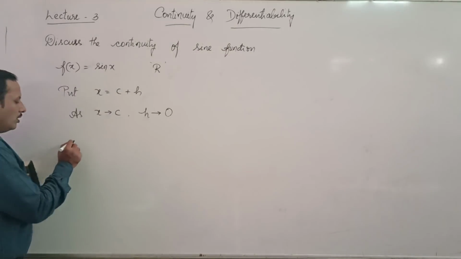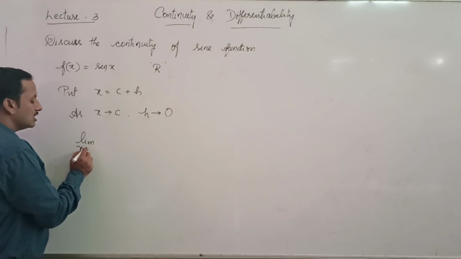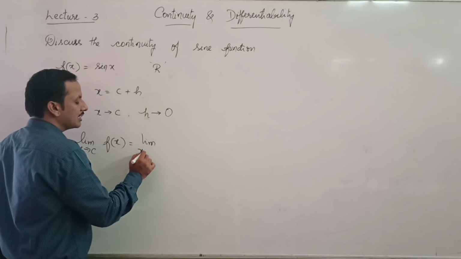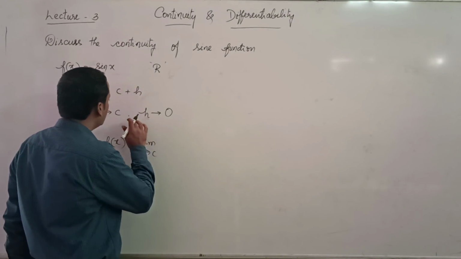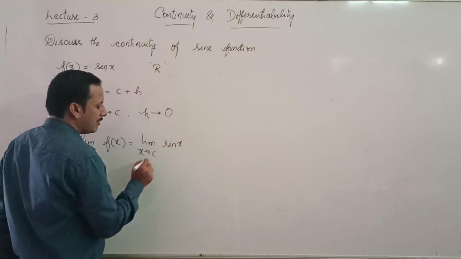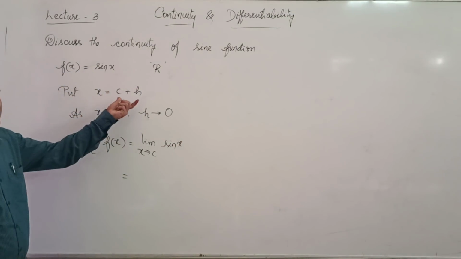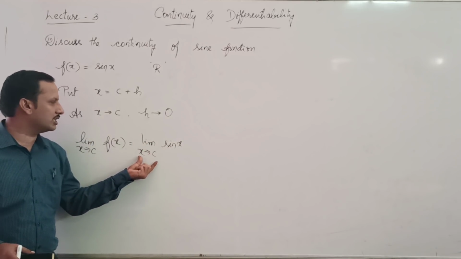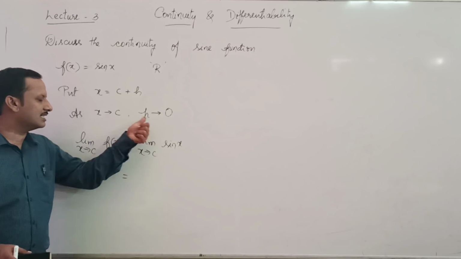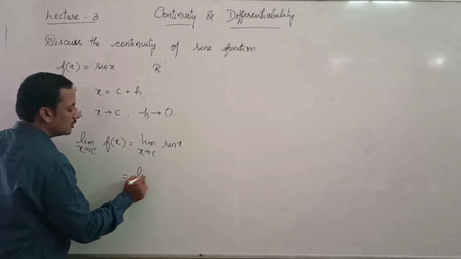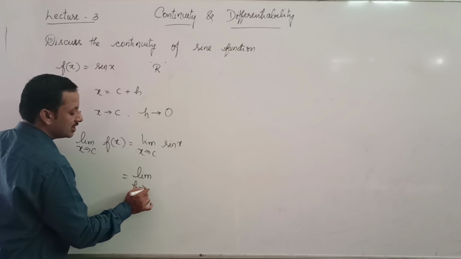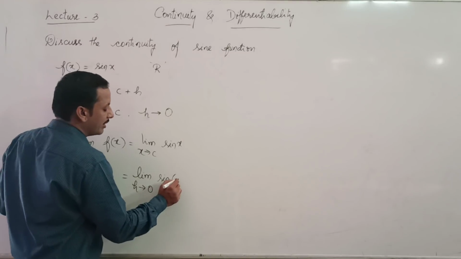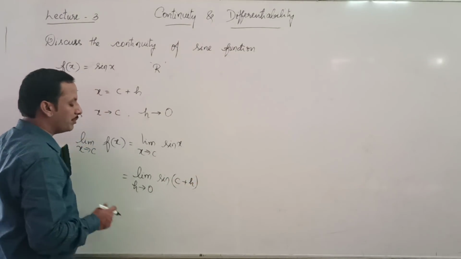Now I want to find this limit x tends to C f of x, which is equal to limit x tends to C sin x. Now I am making a substitution as x is equal to C plus h. I have to change the limit also. As x tends to C, h tends to 0. So I will write limit h tends to 0, sin of C plus h.